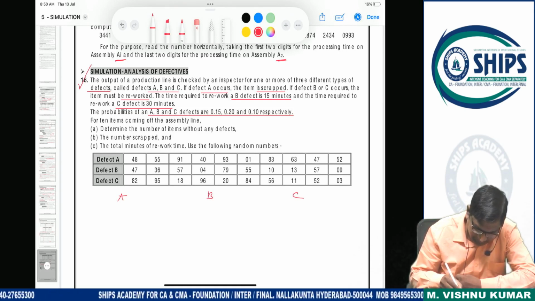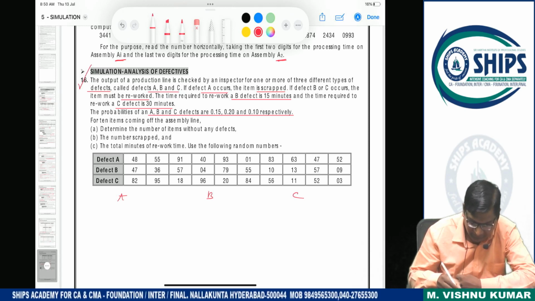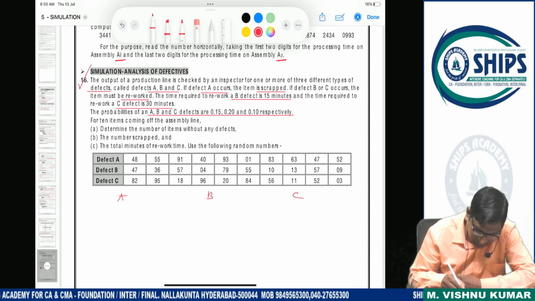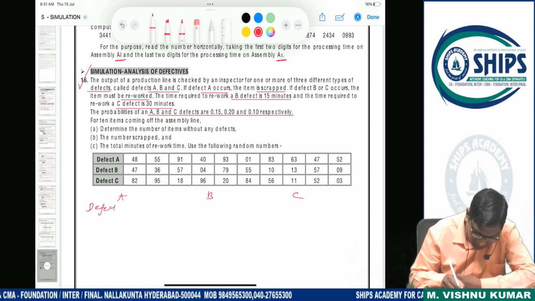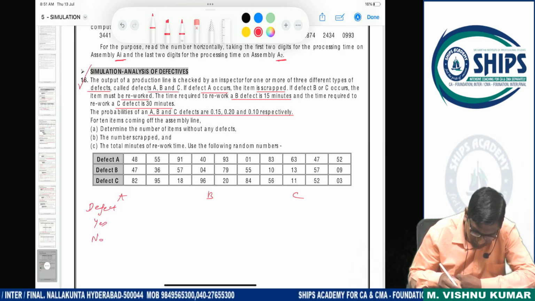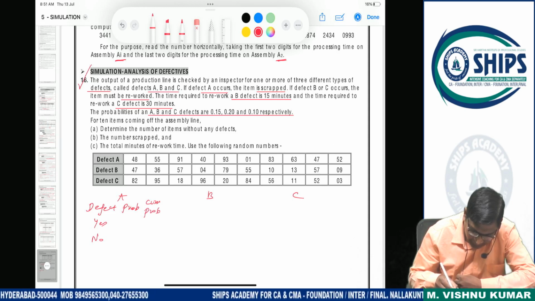So for defect A, what is mentioned here? That the defect will take place or the defect will not take place. So defect yes, no; probability, cumulative probability, random number.